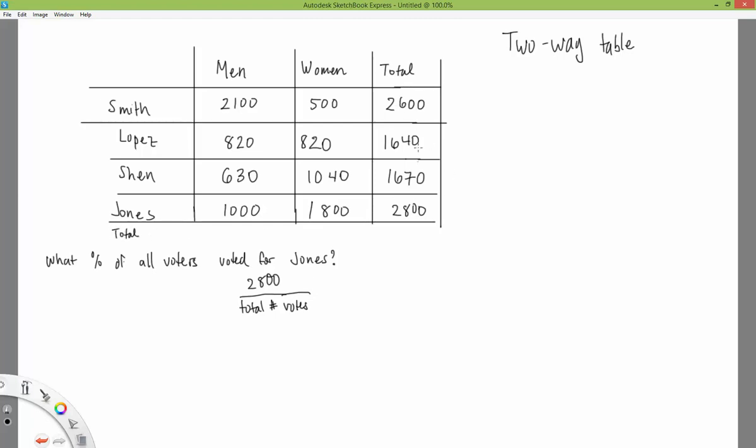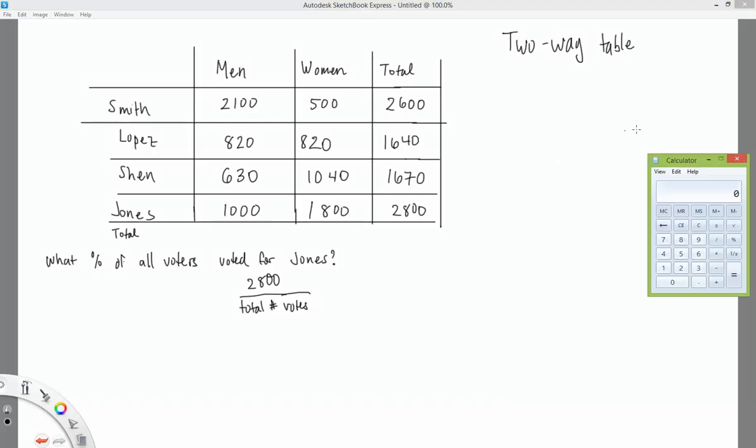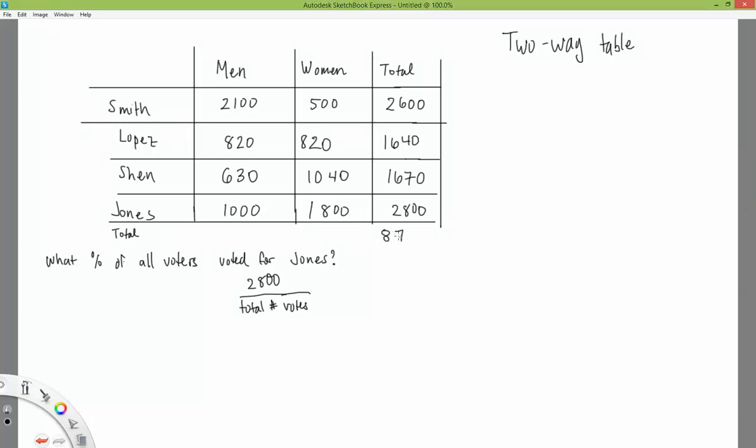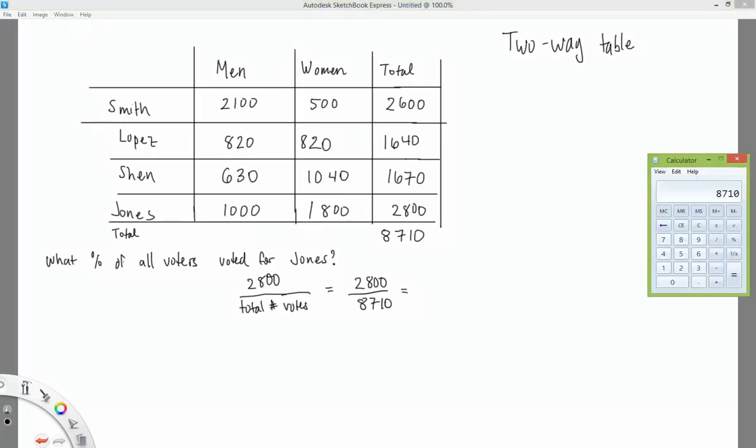So I would do 2600 plus 1640 plus 1670 plus 2800, and I get a total of 8,710 votes. Okay, so we would have 2,800 divided by 8710.